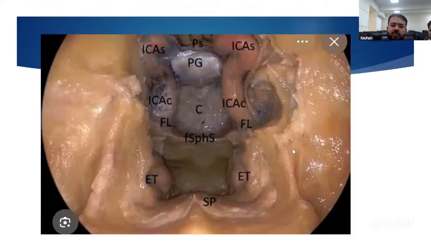This is another endoscopic intranasal view, a cadaveric view, in which we can see the bilateral internal carotid arteries, and there is a very, very limited distance between the two carotids. The surgeon doing the transsphenoidal surgery should be very careful to avoid damage to the internal carotid arteries.